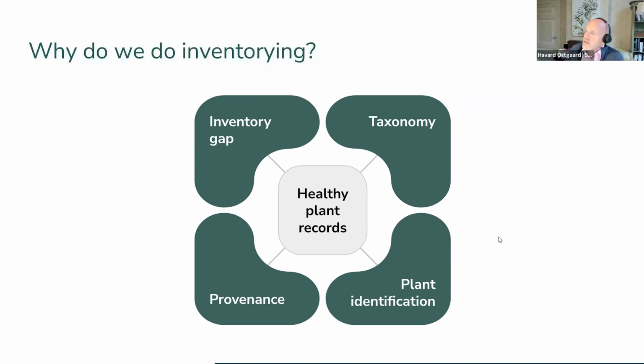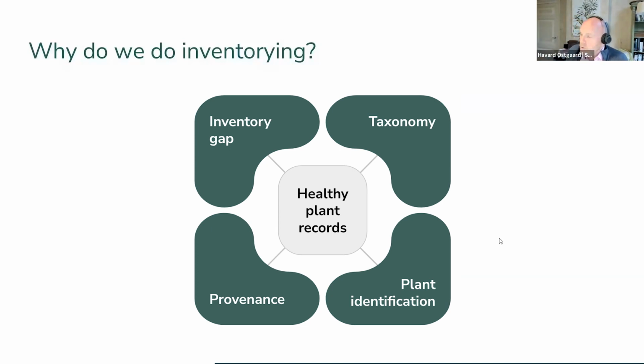The other three things: taxonomy is about making sure that you're using correct scientific names, and first of all that they're spelled correctly, so that you can use this in a data sharing context. If your taxonomy is not correct, you can't use your records, and it diminishes their usefulness.